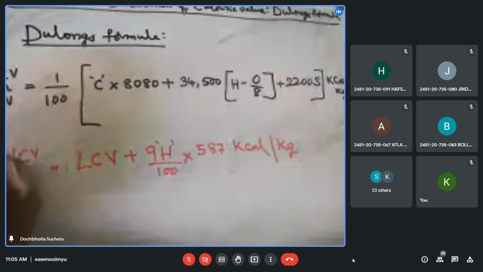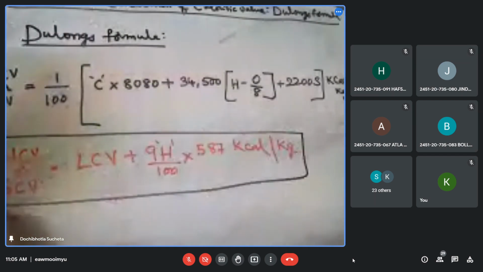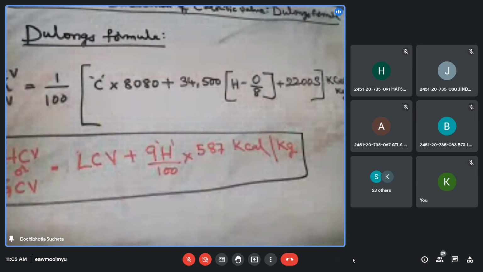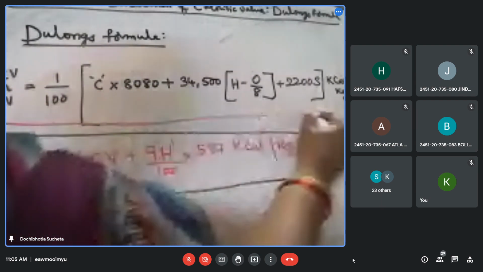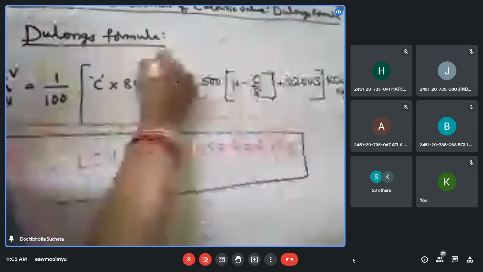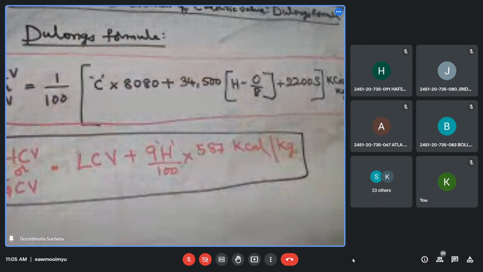This is one formula in a block and this is another formula in the block. Important. We will start doing the numericals of this. But let me explain the contents.